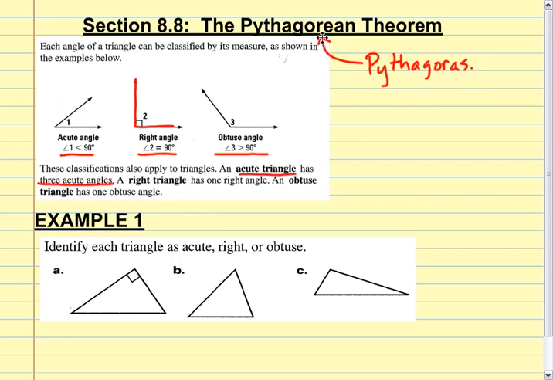That means that all 3 of them are less than 90 degrees, okay? A right triangle has 1 right angle and the other 2 have to be acute angles. Because think about this. If the right angle has 90 degrees, that leaves only 90 degrees for the other 2, right? Because you can only have 180 degrees in a triangle. Does that make sense, Elise?